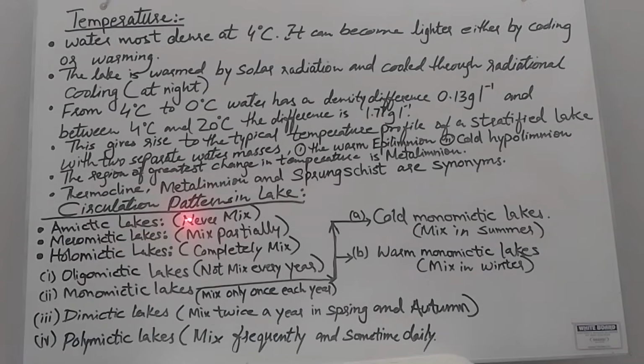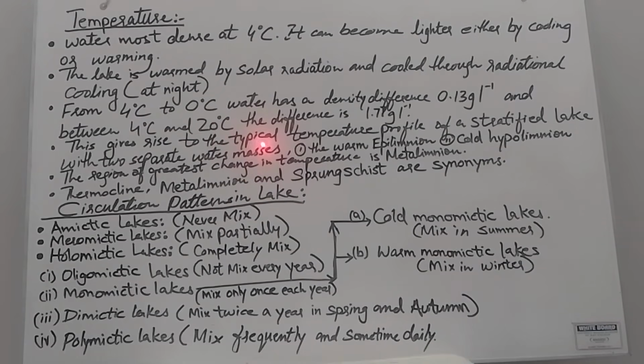So the circulation pattern in lakes depends on the temperature, because when temperature changes, the density of the water changes. The denser, heavier water goes from the top down, and the lighter water becomes the surface.